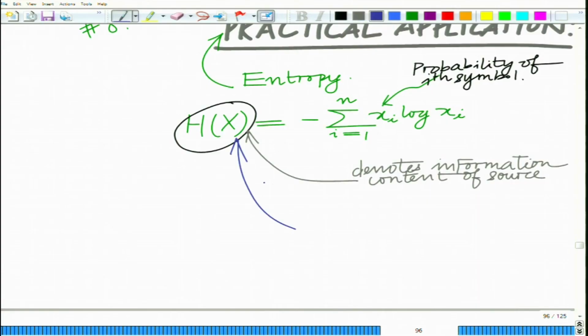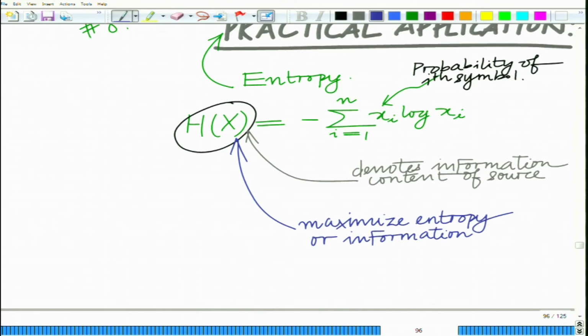So, we would like to maximize the entropy or the information content. Okay. So, this has applications in information theory.